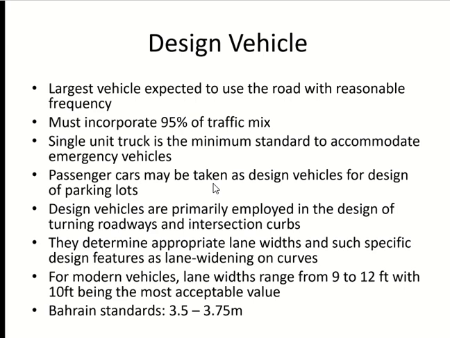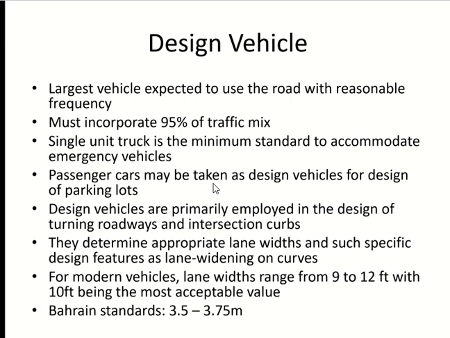In some cases, we do not take the heaviest vehicle as our design vehicle if its frequency is low. If we are expecting it very rarely, the chance of this vehicle coming on the road is very low. There is a chance, but it's very low, so we can ignore it.